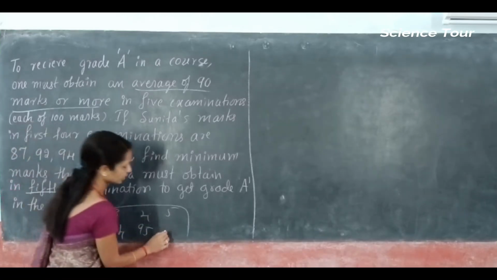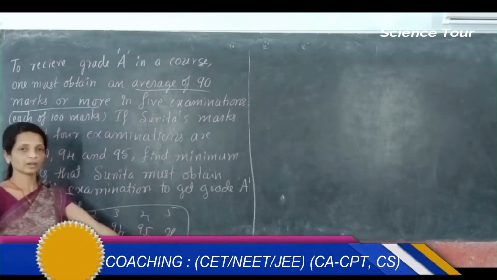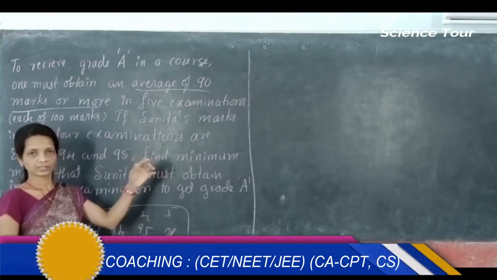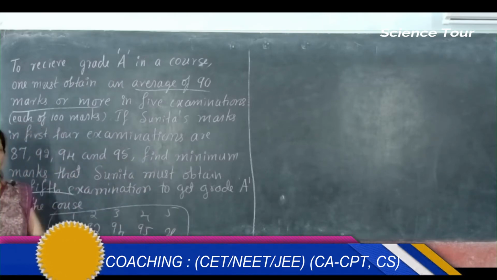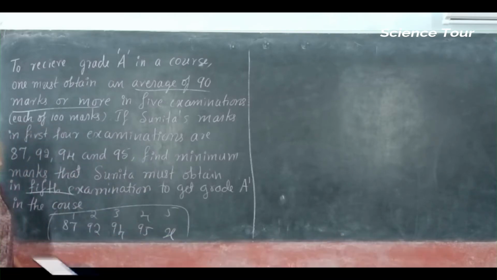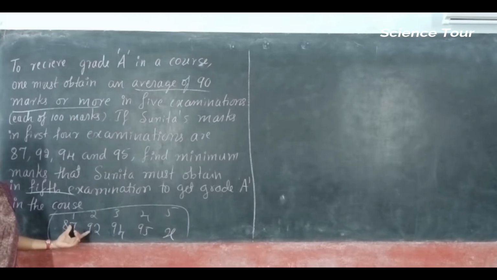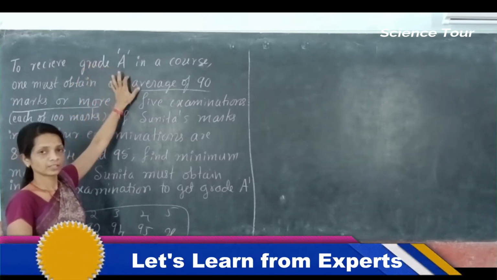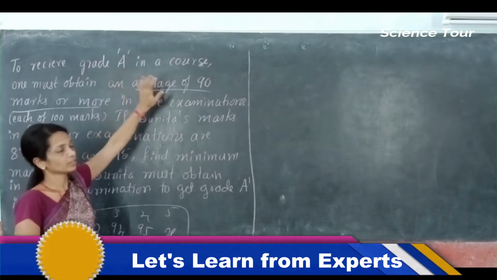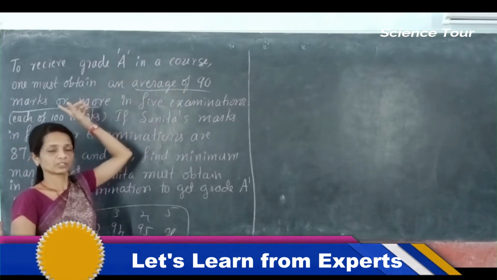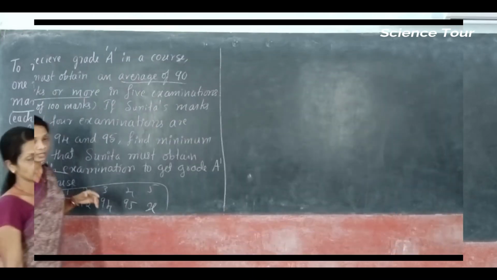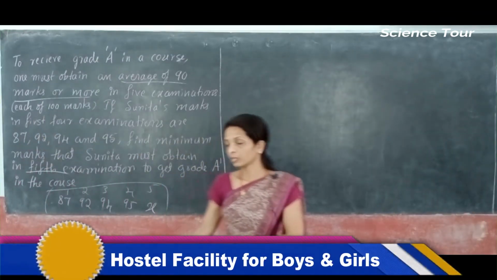So we take that as x. Let x be the marks scored by Sunita in the fifth examination. That we have to find now. And what is the condition? To get grade A, she has to get an average of at least 90, means greater than or equal to 90. So we start with that.